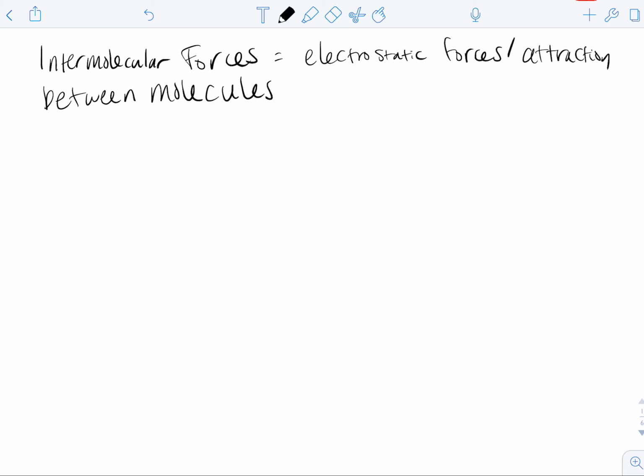So, intramolecular forces are basically our bonds. So these are going to be the force that binds atoms together in molecules or compounds.